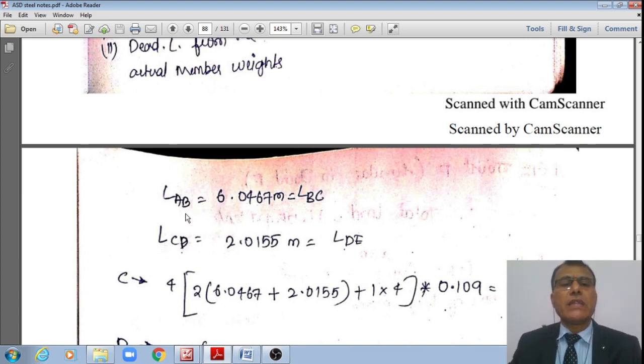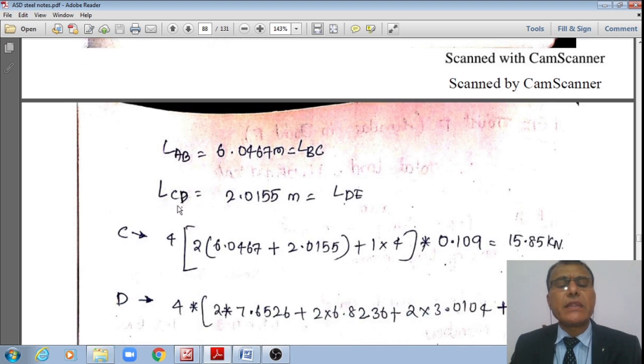I know the length of member AB and that of BC is equal to 6.0467 meters, and the length of member CD is equal to DE is equal to 2.0155, and so on. We have fixed it in the geometry.